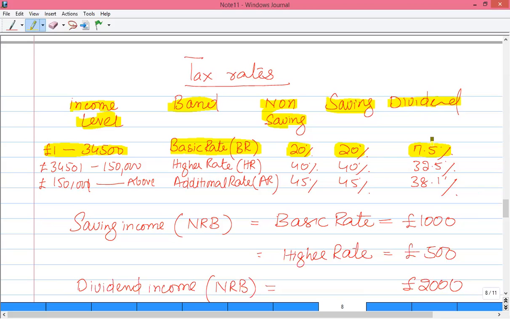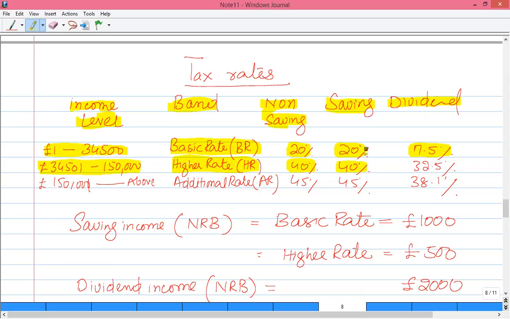But as income increases, so does the tax rate. If a person's total taxable income falls in this range, that is up to 150,000, then the person is classified as a higher rate taxpayer. What it means is that up to 34,500 the tax rate will be 20%, but additional income attracts additional tax. On additional non-saving income you have to pay 40%, almost double.